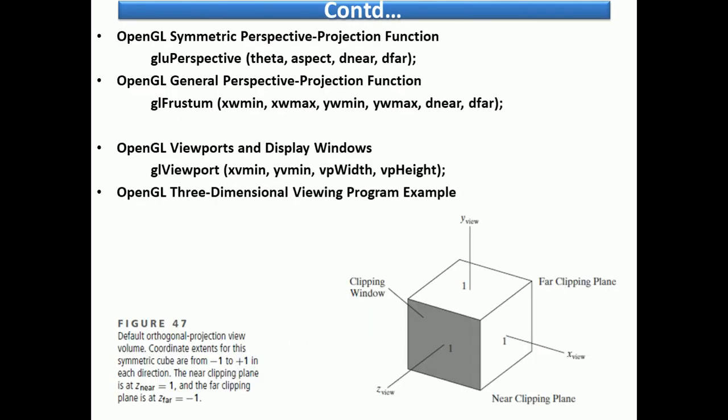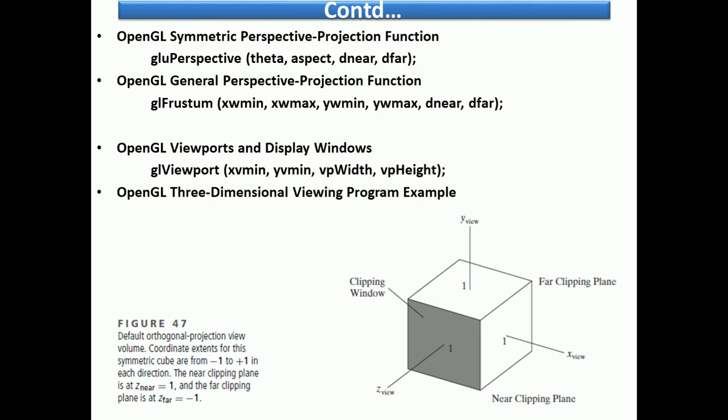Here the figure, that is figure 47, shows the appearance and position of the default orthogonal projection view volume. For two-dimensional applications, we used the gluOrtho2D function to set up the clipping window.